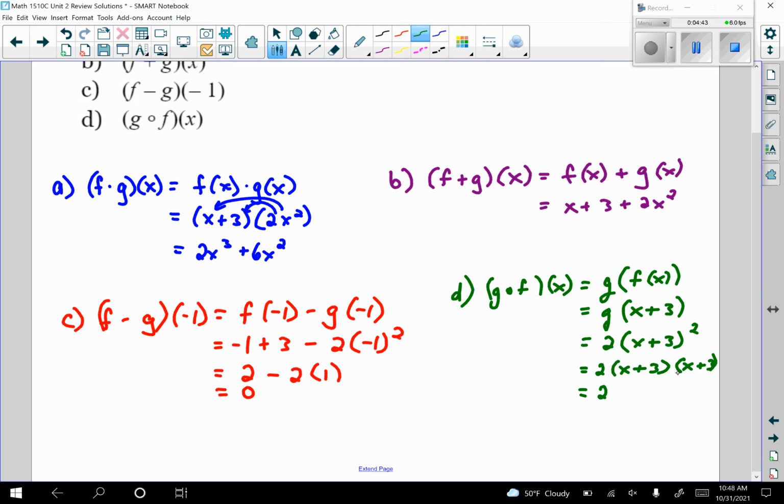I'm going to multiply the 2 binomials together, so we're going to get an x squared. On the outside, we'll get 3x. Inside, we'll get 3x. So that's 6x plus 9. Then I'll distribute the 2. So we get 2x squared plus 12x plus 18.